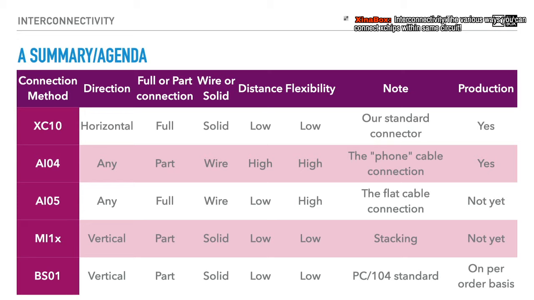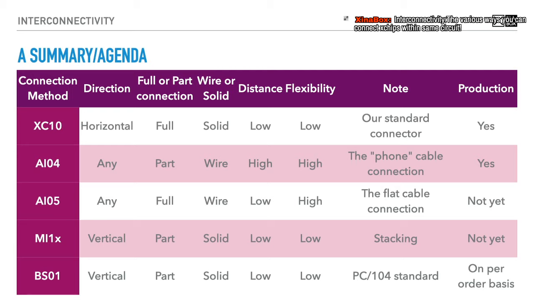Of course with wire you can go any direction, horizontal or vertical, but with the M1x series it's a stacking connector, and when we stack them, they grow in a vertical plane. And then the BS01 is also a vertical stacking solution, and that's based on the PC104 standard.